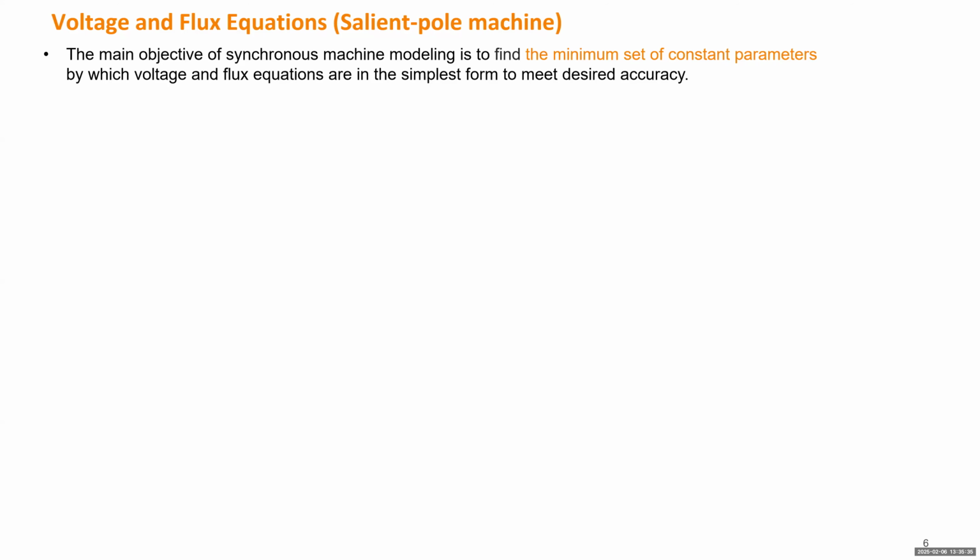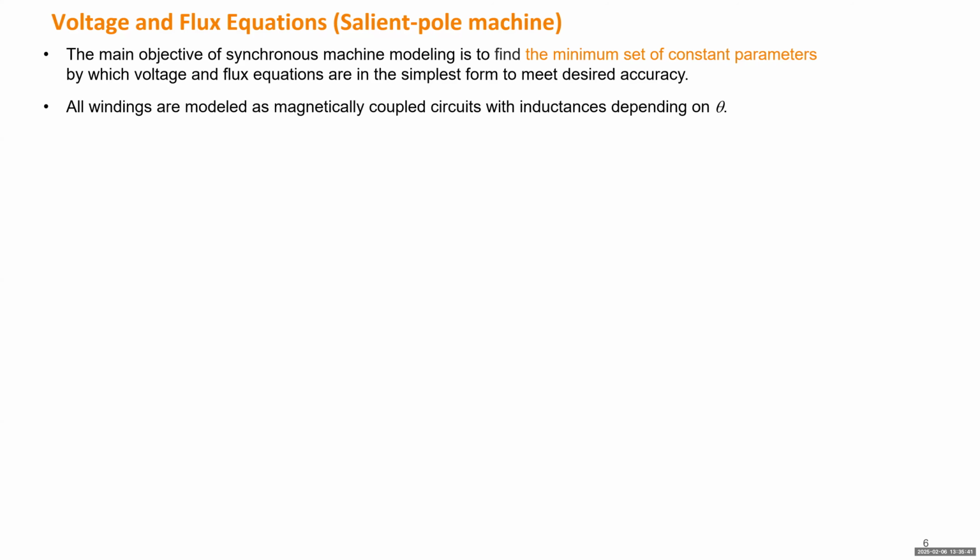We only want to find the minimal set of independent constant parameters. To write down the equations may be easier, but to find a good set of equations with a minimal set of constant parameters may take some effort. We're going to use the following slide to demonstrate how to find a good model for the cylindrical generators.